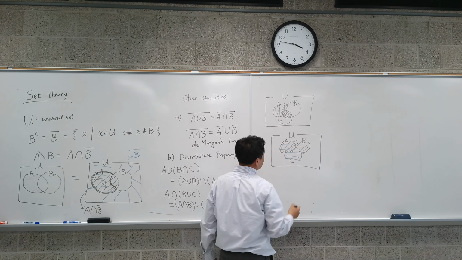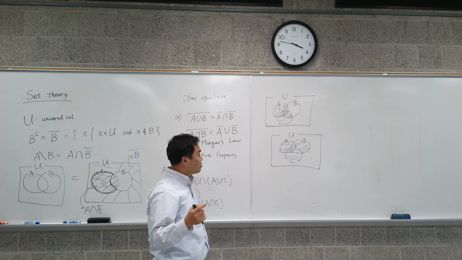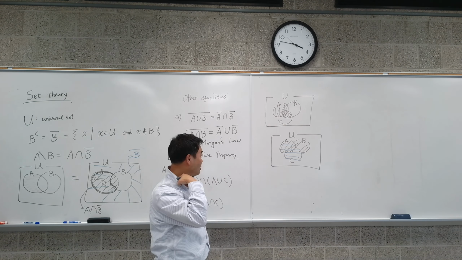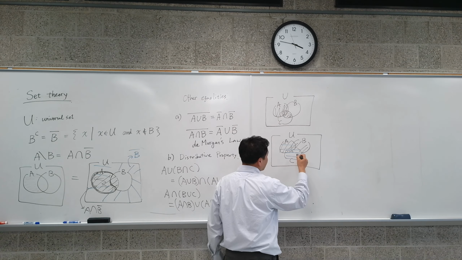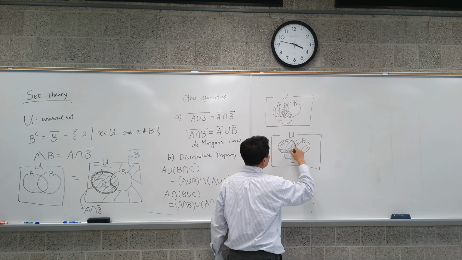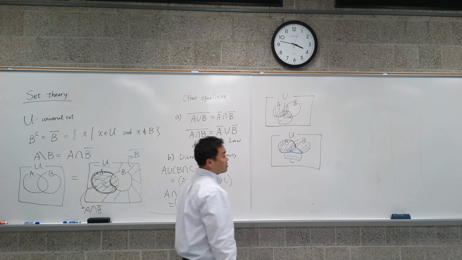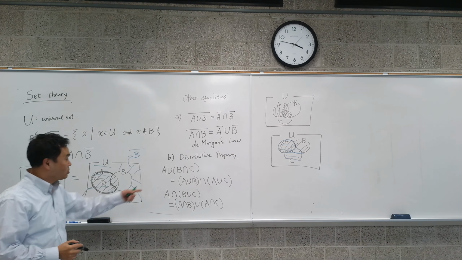Okay, and if you take the intersection between the blue shaded area and the black shaded area, then you can see that the intersection is right here, which is exactly the same place. Okay? That's why this is true.